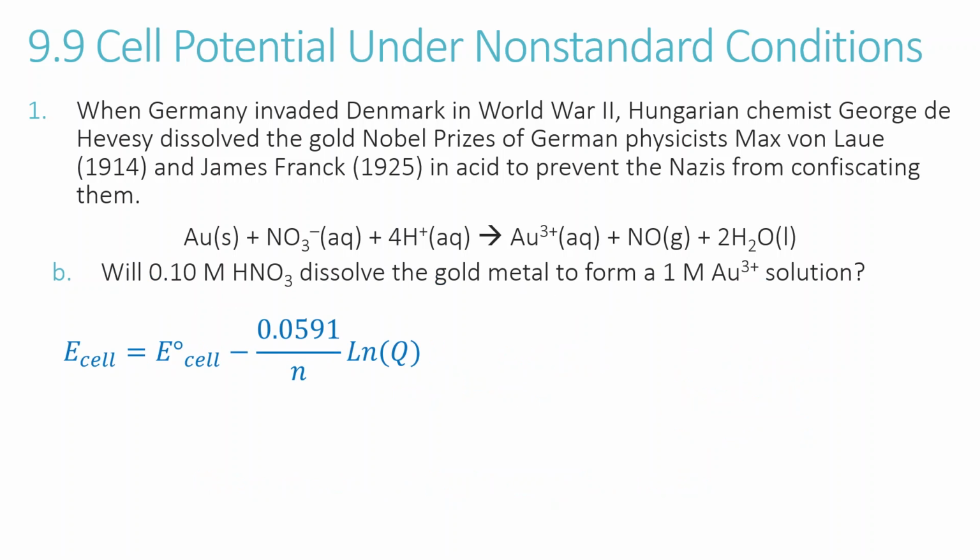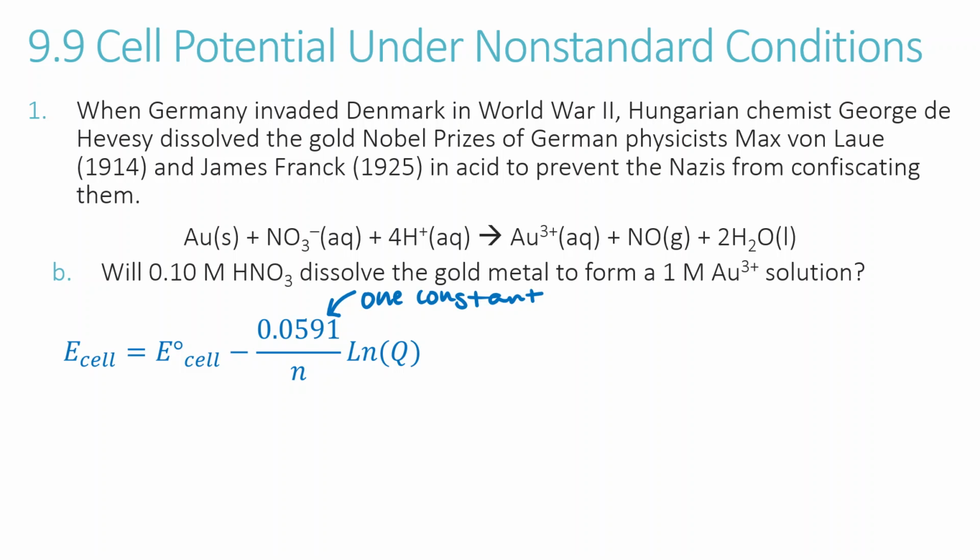So we're going to use the Nernst equation here, and I'm using the one that has all of the constants combined into one number. There are a couple of things that we need to know in order to solve this equation. E cell is going to be my non-standard conditions.